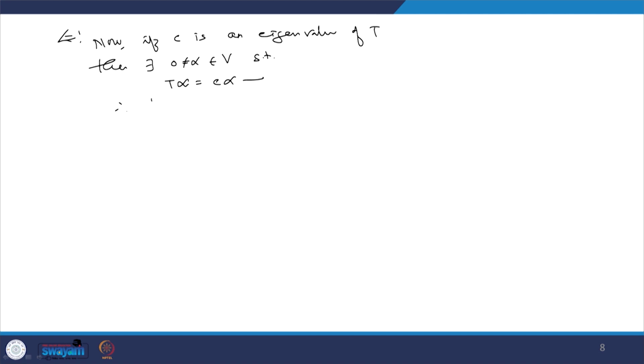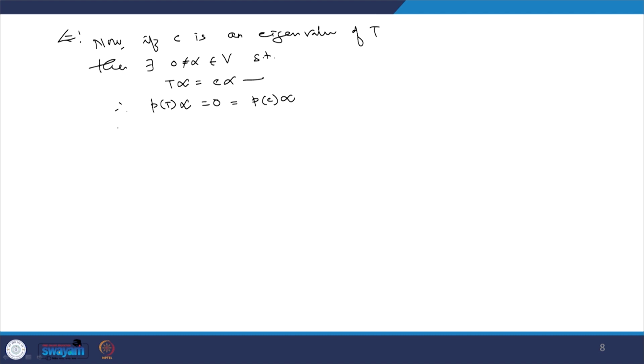Now it is the other way. Only if c is an eigenvalue of T, then there exists alpha not equal to 0 belonging to V such that T alpha equal to c alpha. So, this implies p(T) operating on alpha, which is equal to 0, is equal to p(c) alpha, because p(T) operating on alpha is equal to p(c) alpha.